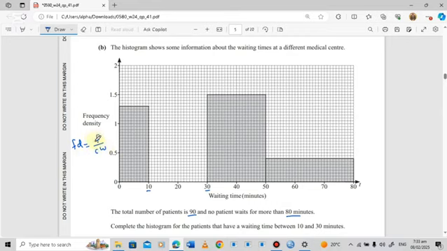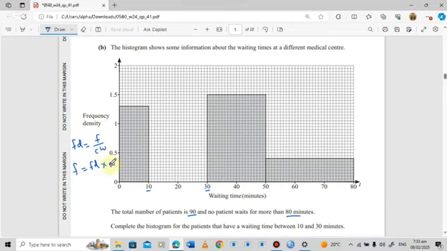Since we are looking for the frequency first, we are going to rearrange this formula such that the frequency f is the subject of the formula. We can do this by just multiplying both sides of this equation by the denominator, which is class width, and then we are going to have frequency is equal to frequency density times the class width.